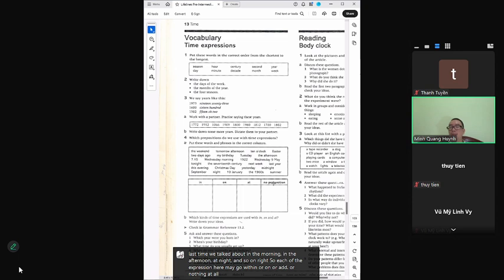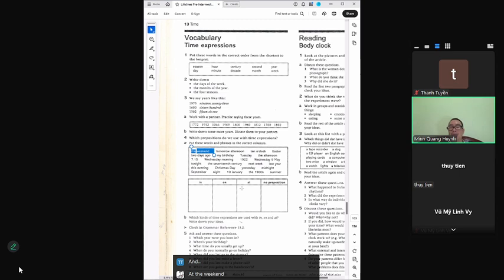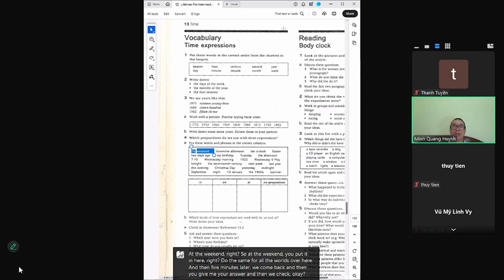Look at the list and put the words in each column. So the weekend, what do you think? In, on, or at, or no preposition? At the weekend, so you put it in here. Do the same for all the words, and 5 minutes later we come back and you give me your answer, and then we check. Okay? 5 minutes, go.